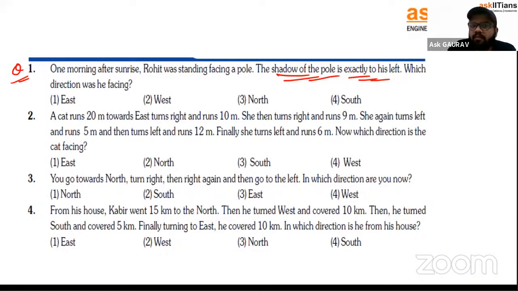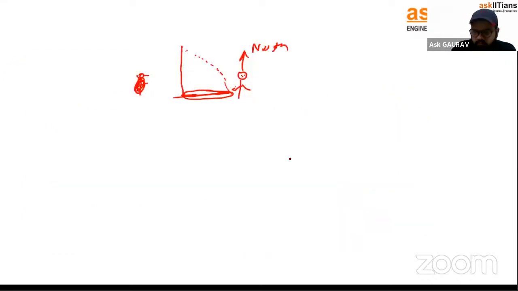Okay, Rohit was standing facing a pole. This is a pole, and you are facing the pole, right? Where will the shadow be? The shadow is on the left, right?